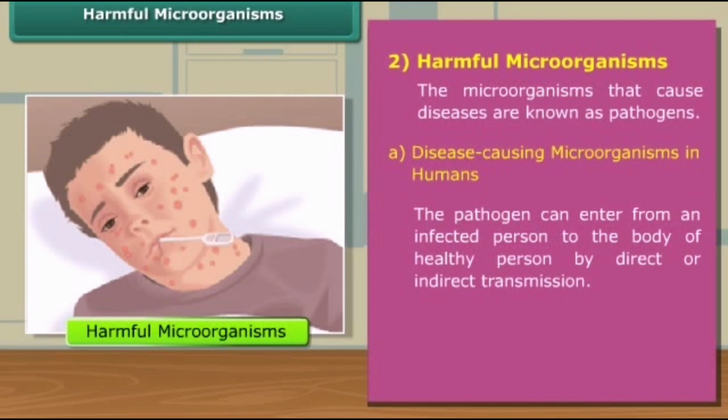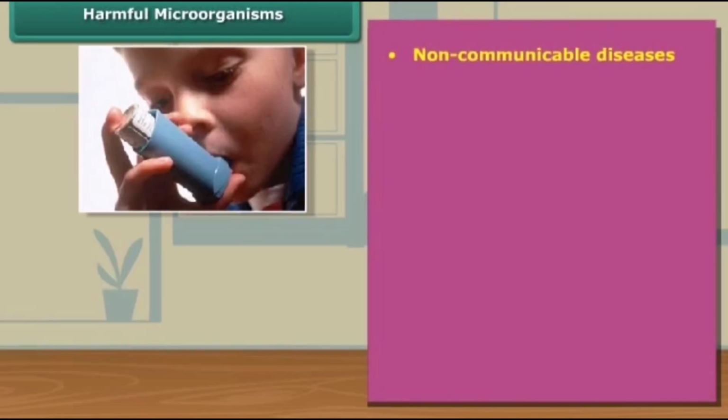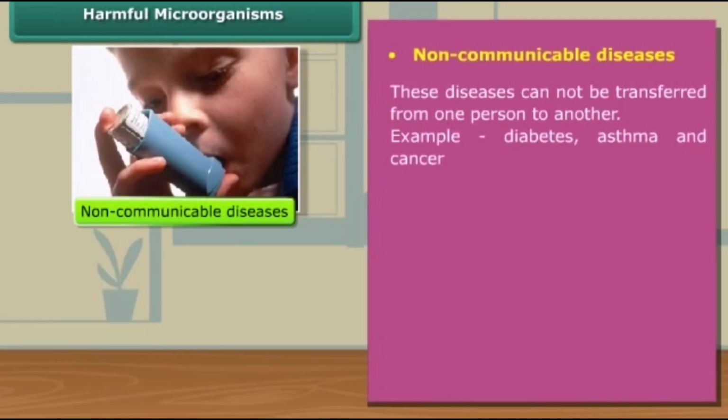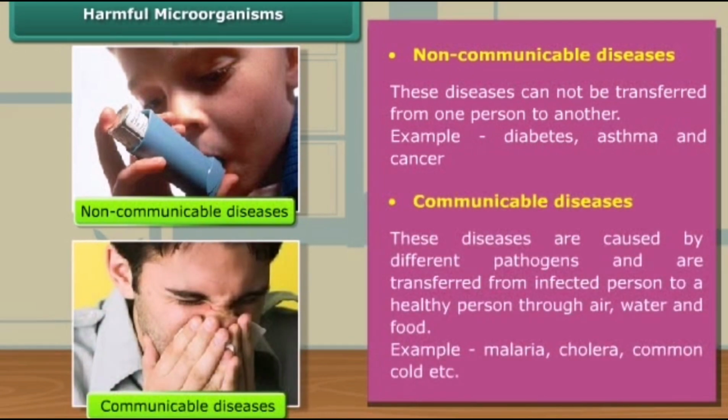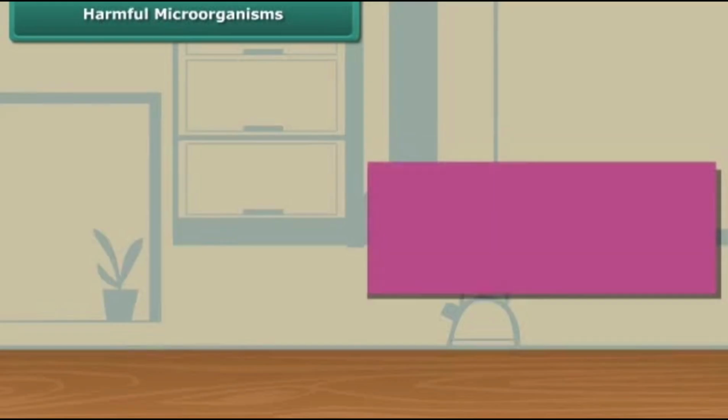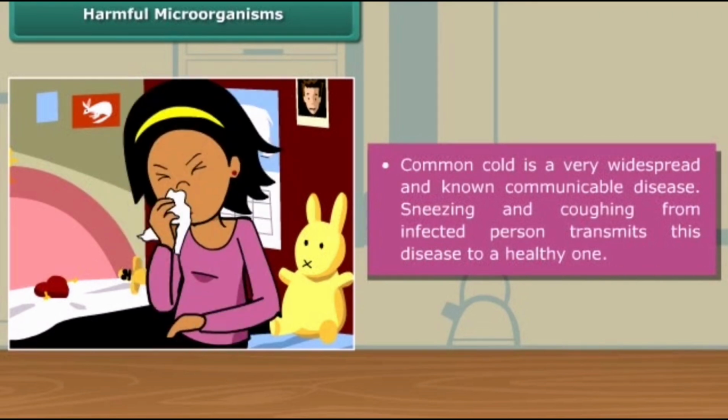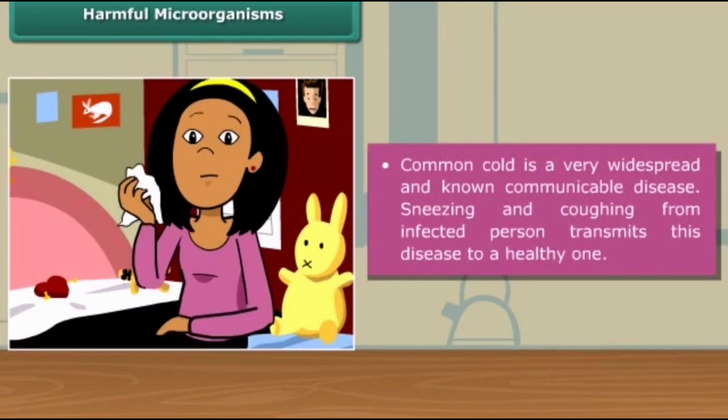We can classify diseases into two categories: non-communicable or non-infectious diseases, and communicable or infectious diseases. Non-communicable diseases cannot be transferred from one person to another, while communicable diseases are transferred from an infected person to a healthy person by means of air, water, food, etc. Common cold is a very common example of a communicable disease.